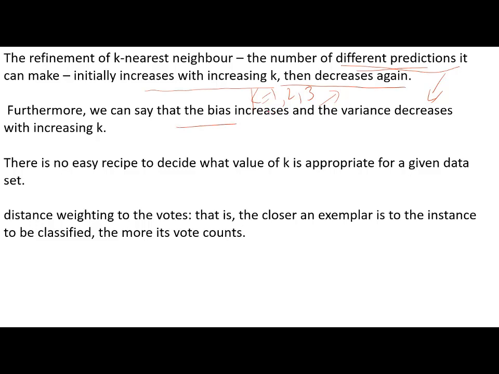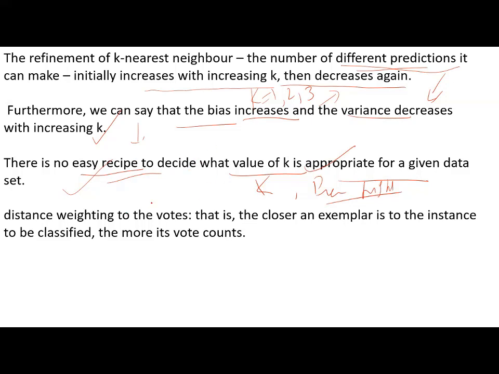Furthermore, we can say that the bias gets increased and the variance gets decreased with an increase of k. But it is not easy to decide what value of k is appropriate on the given data set. So for which value of k the prediction would be best, we cannot decide this.